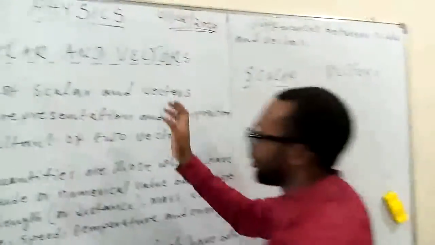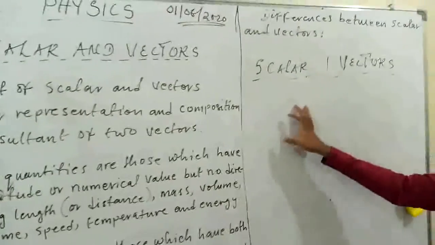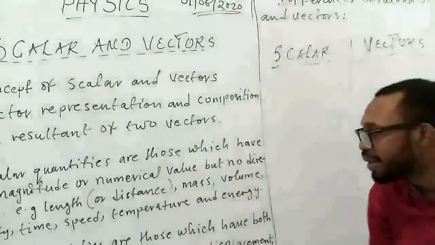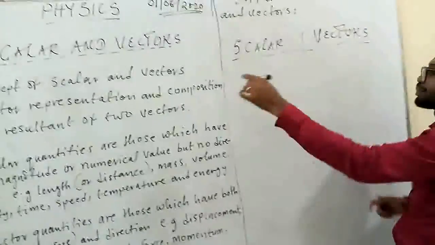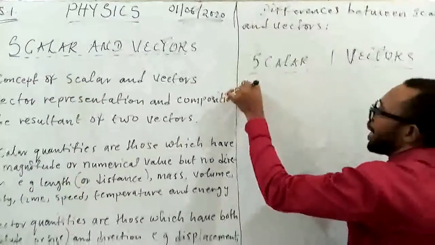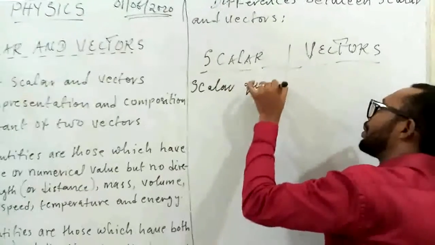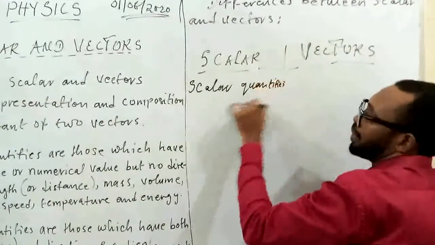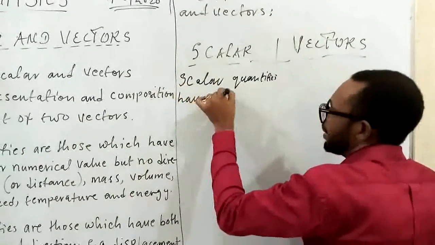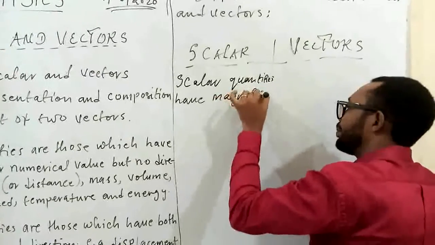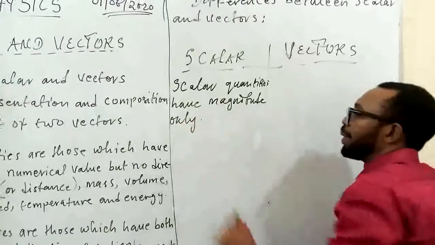I will attempt to differentiate between scalar and vector. If we say scalar quantities have magnitude or numerical values only, then you can put it there. Scalar quantities have magnitude only.